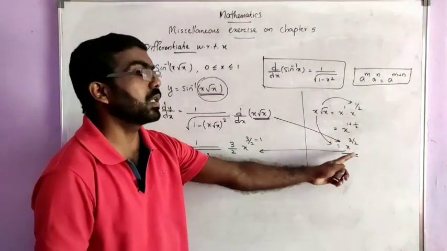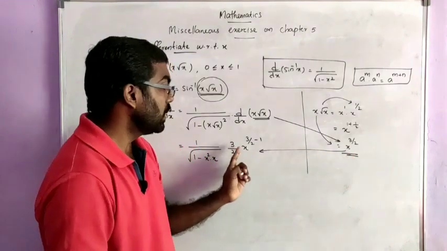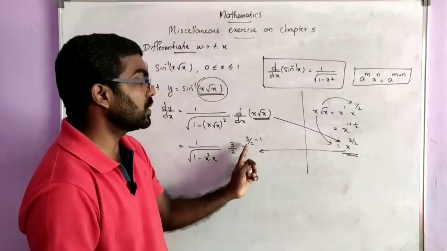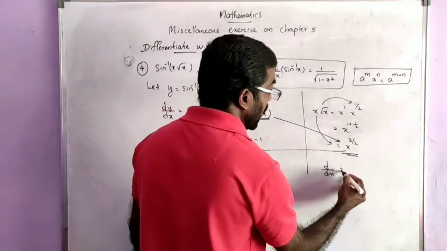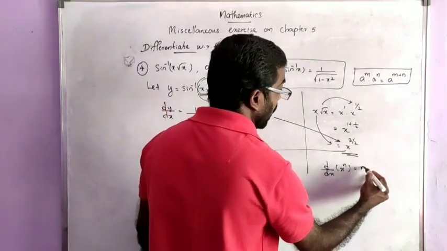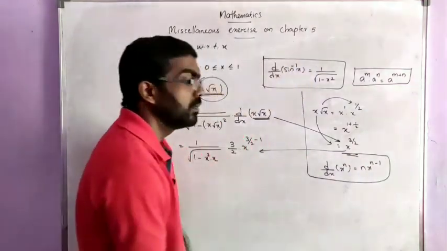The derivative of x raised to 3 by 2 is 3 by 2 into x raised to 3 by 2 minus 1. Derivative of x raised to n is n x raised to n minus 1. Okay.